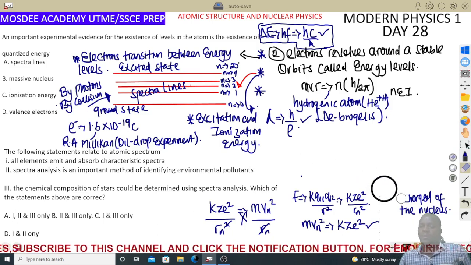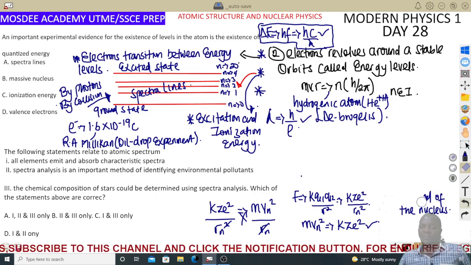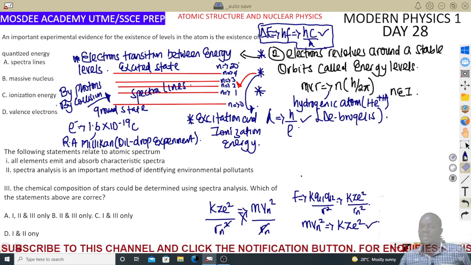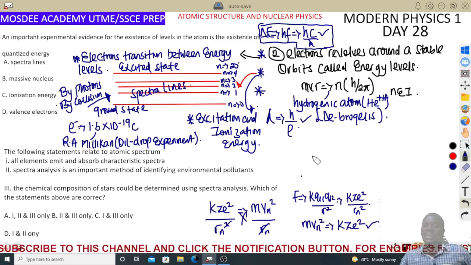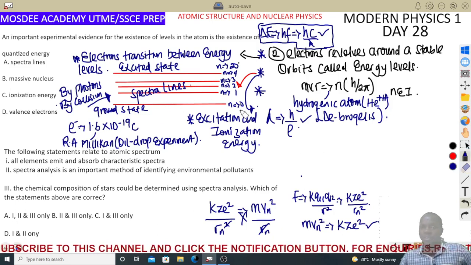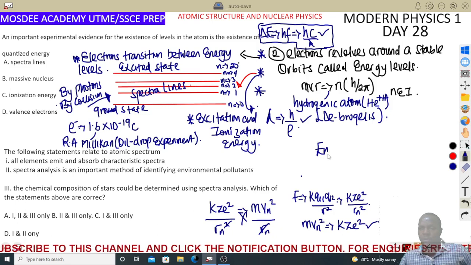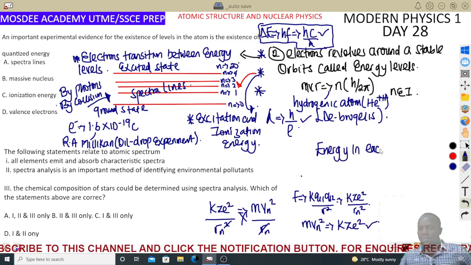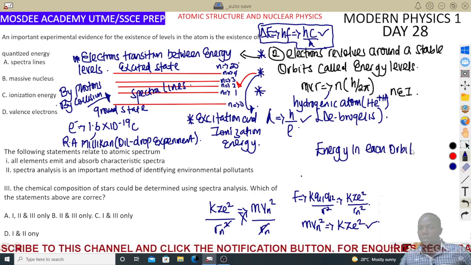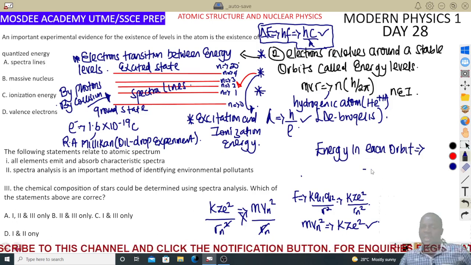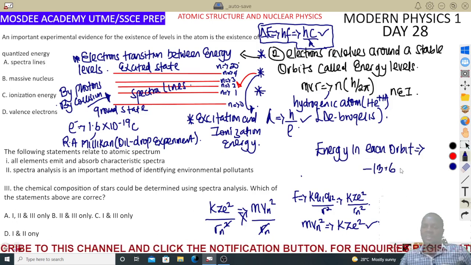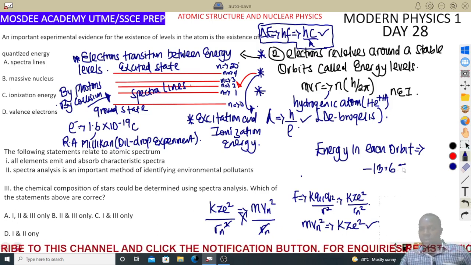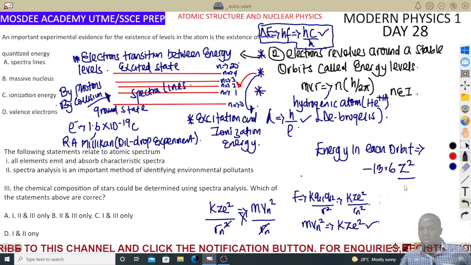As electrons are moving from one point to another, we can define the energy of the electron in each of the orbits. The energy is given by, and you can keep this one in mind, it is important: energy in each orbit is given as negative 13.6 multiplied by the atomic number Z divided by n squared.